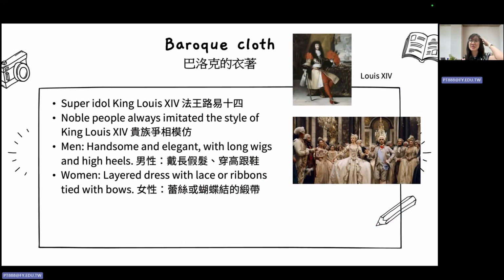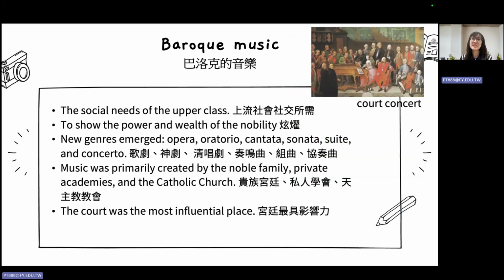那女生就是喜欢穿蕾丝，好，或是有绑那种蝴蝶结的缎带。Music, because of the social needs of the upper class, they also needed music to show off the power and wealth of the nobility.